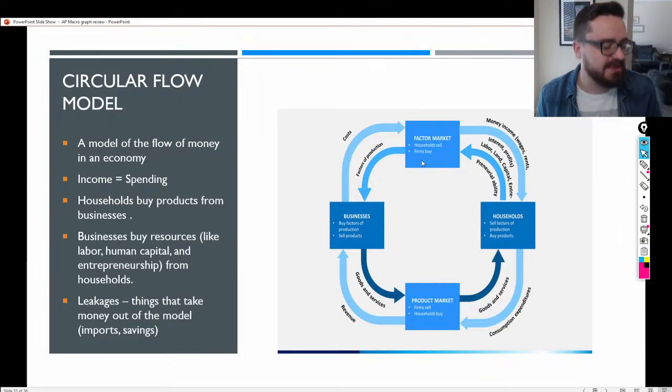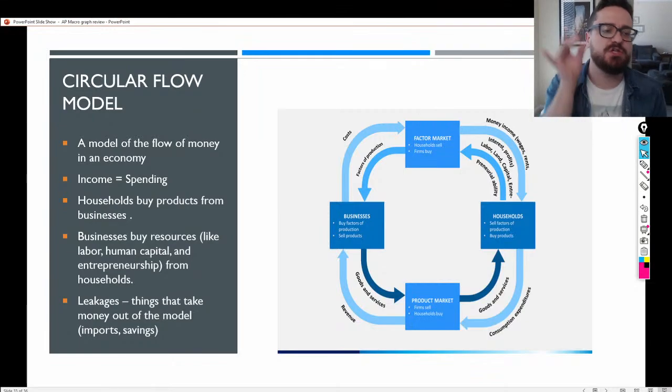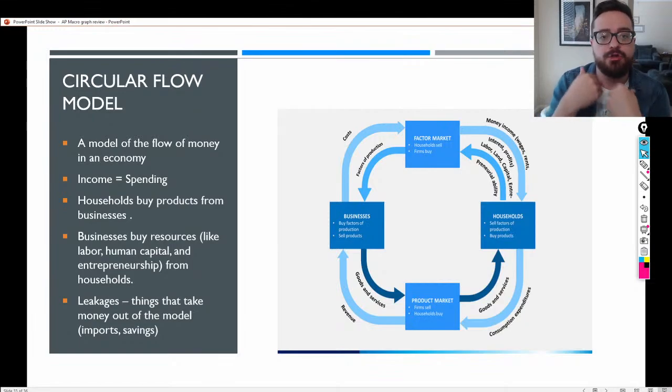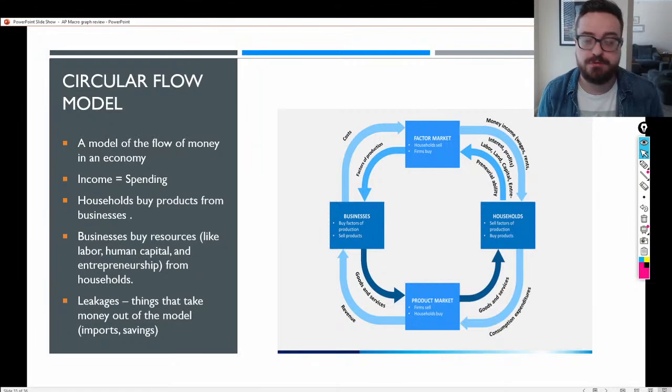The factor market is the market for resources, your factors of production. Land, labor, capital, entrepreneurship. The majority of those that businesses buy, including ones they need, they buy from us. You get paid for your labor by a business. That is you selling your labor. A business is purchasing it from you. You're selling yourself to a business when you are taking a job.